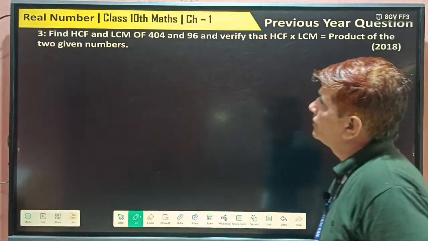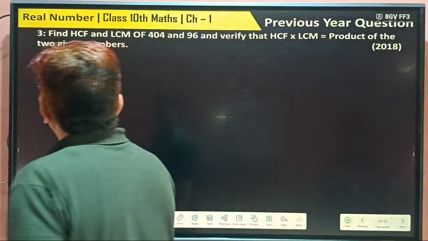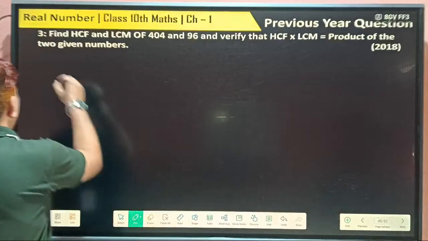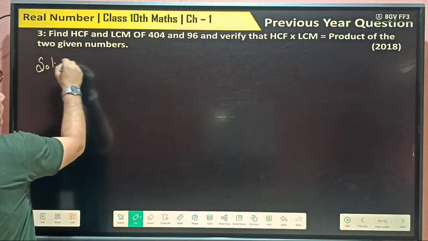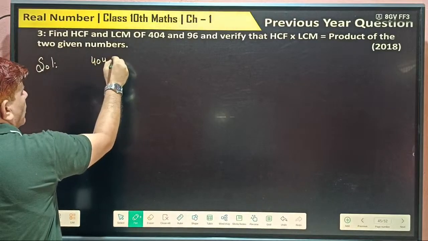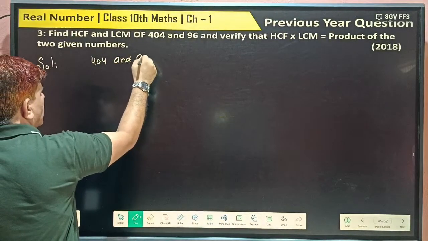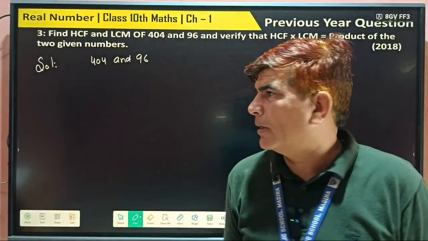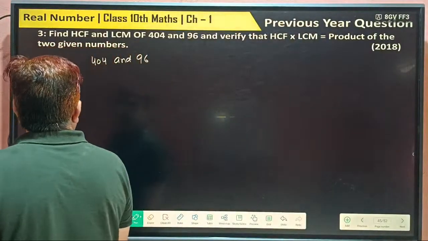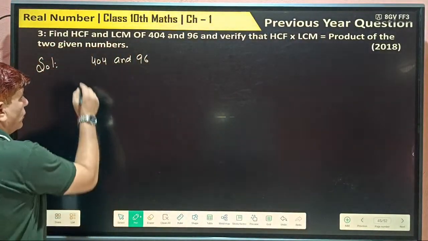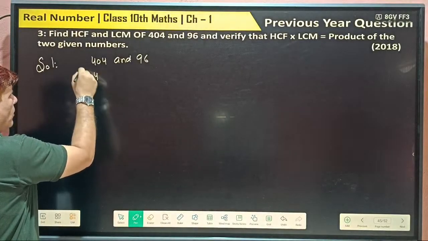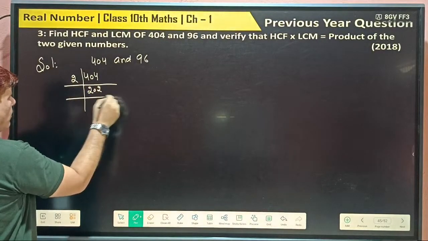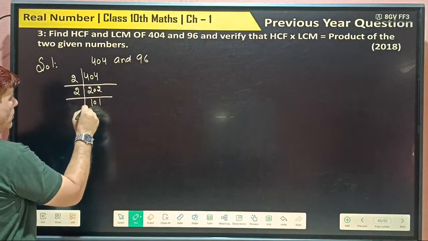Now next also easy. Find the HCF and LCM of 404 and 96. So here it is not given which method you have to apply. You can apply any method. So make factors of it. 202, 2 is 101.